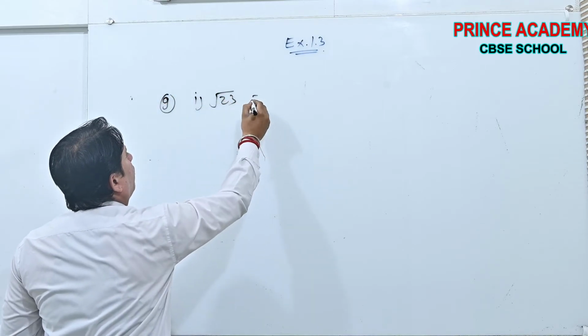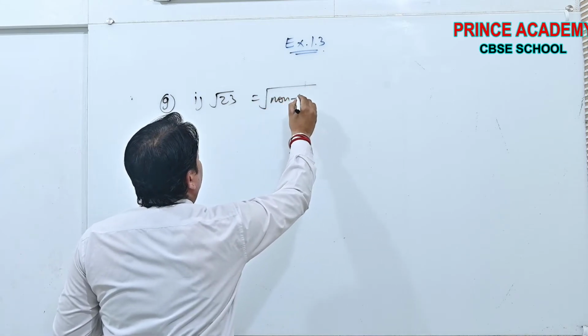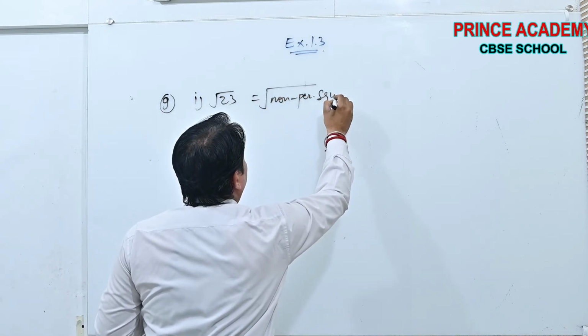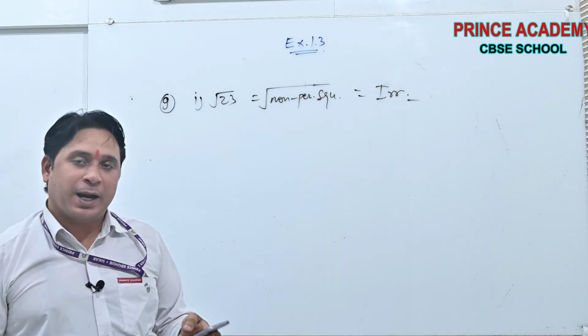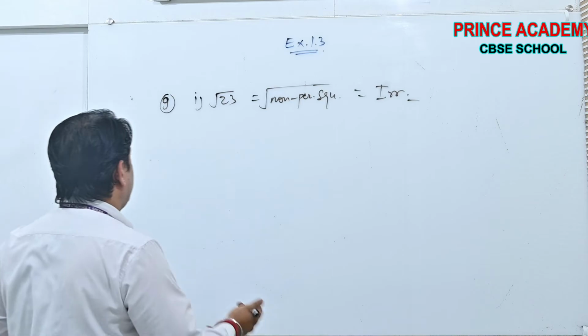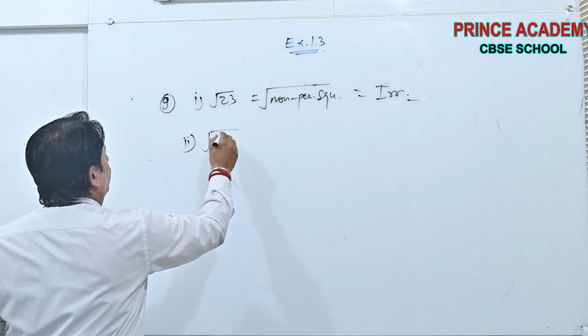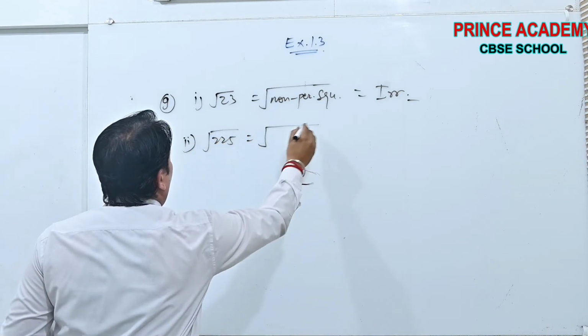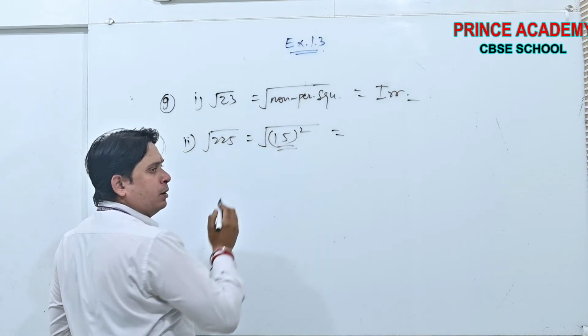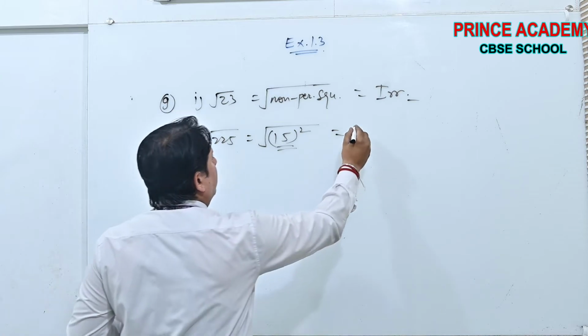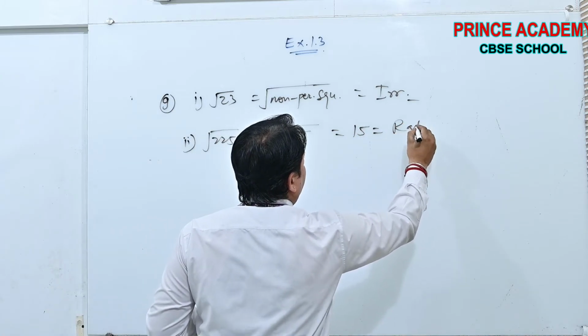See beta, root of a non-perfect square. What is this? Irrational, yes or no? Done. First part is irrational, so simple. Second part, root 225. See beta, root 225 is 15 square, the whole square of a number. That's why it will be rational.